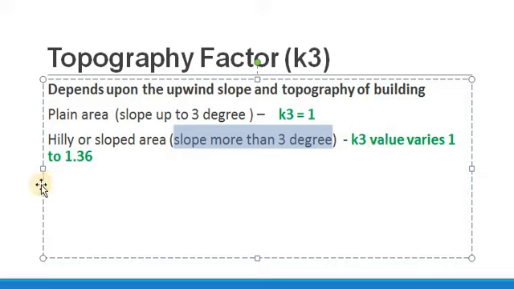That means if the slope increases from 3 degree, the value of K3 will increase from 1 up to 1.36. That means with the increase in the slope, the value of design wind speed will increase.